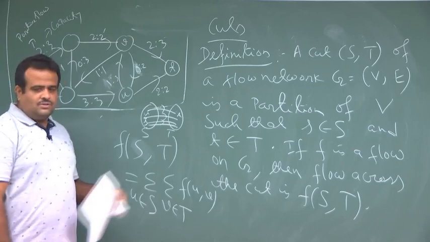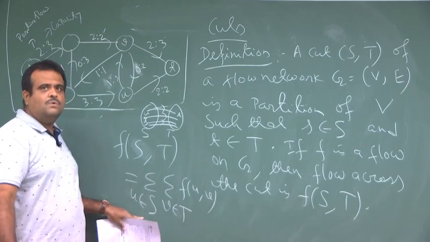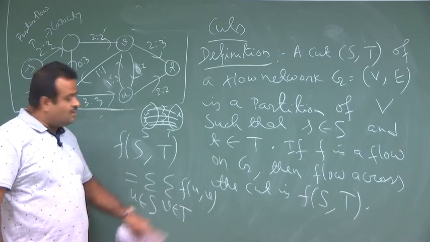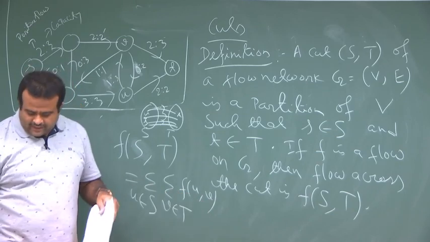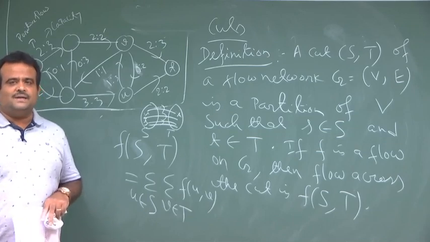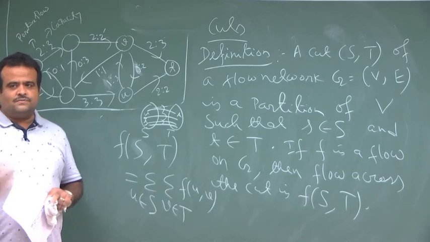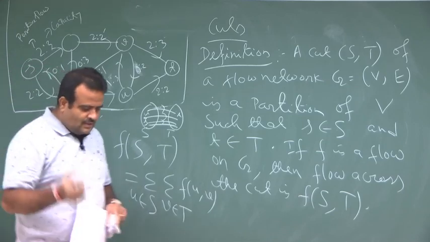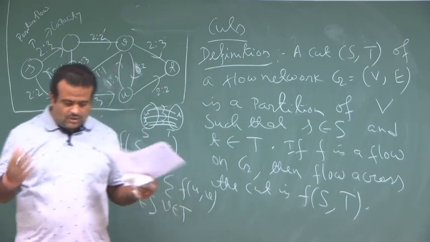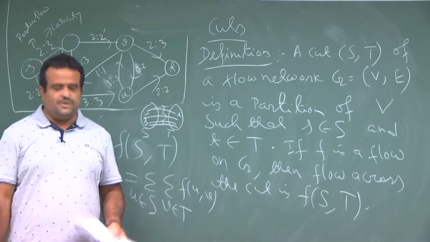So, this is the sum of the flow from one set to another, across what are called bridge edges, where one vertex is in capital S and the other is in capital T. We take the sum of all such flow and that gives us the flow across the cut. That is how we define this.